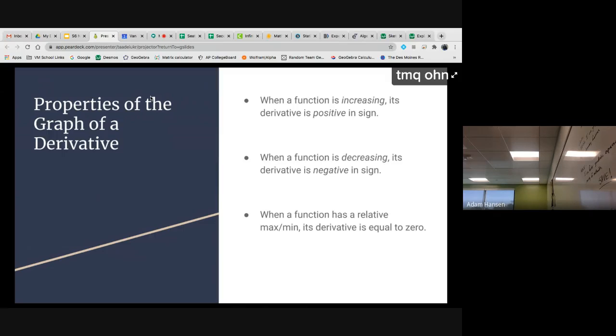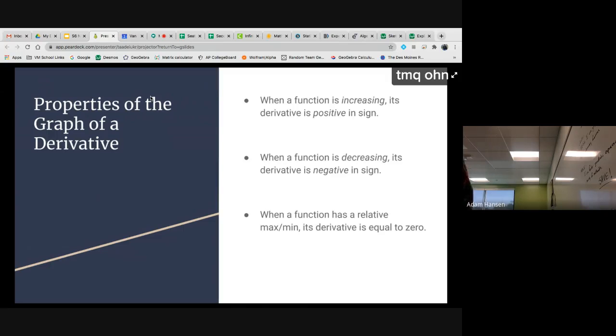When a function is decreasing, the tangent line would be pointing down, so therefore the derivative would be negative. The steeper the graph, the larger the derivative, because the slope of the tangent line would be greater. The flatter the graph, the closer the derivative is to 0, because the slope of the tangent line would not be quite as extreme.